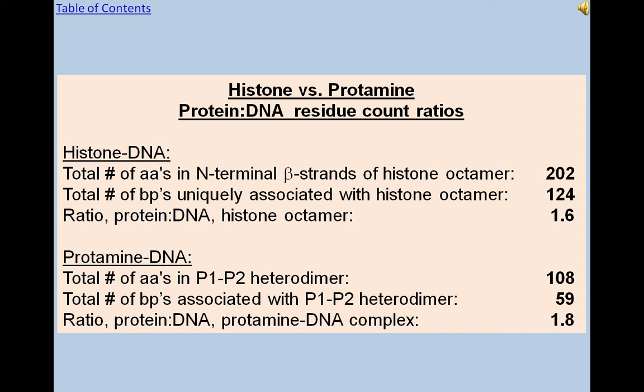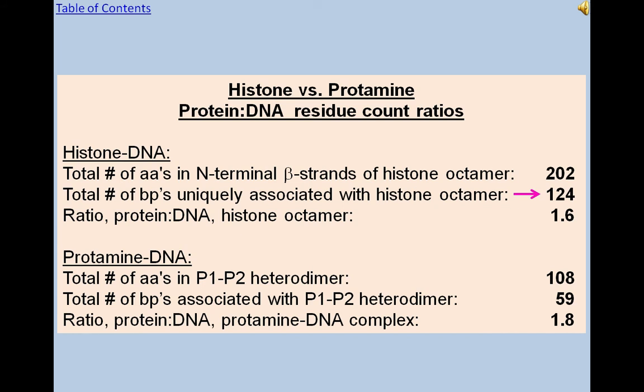For histone, in the present model at least, it's the total count of all the amino acid residues in the N-terminal beta strands. As we just saw on the previous slide, that number, now reproduced in the top of this table, is 202. Also, as shown in the slides above, the total number of DNA base pairs uniquely associated with these same 8 N-termini is 124.